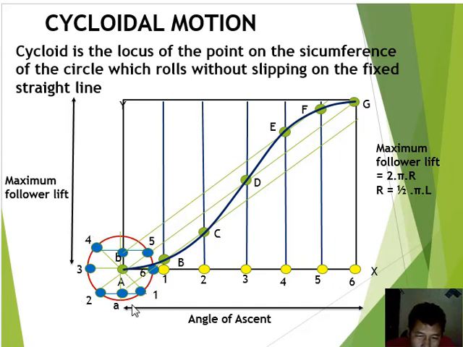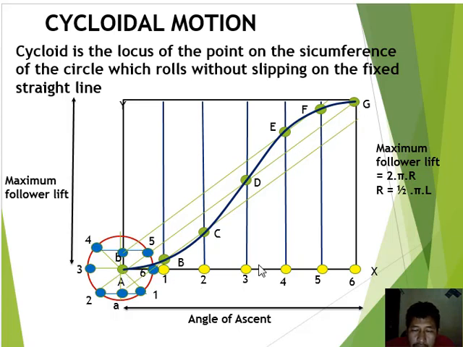For the circle, you can see the 6 points, 1, 2, 3, 4, 5, 6. After that, draw the line between point A and point G. This line is the center of the circle.